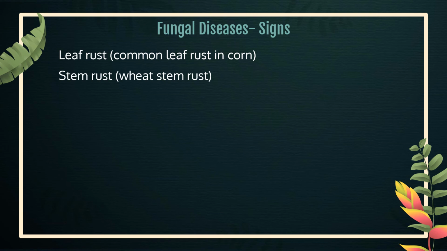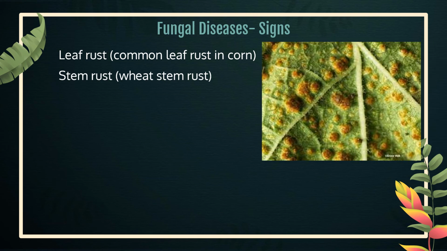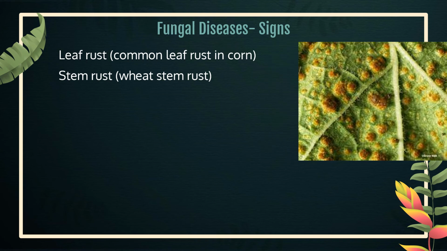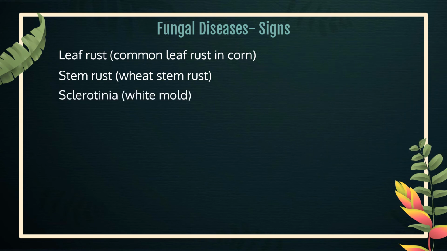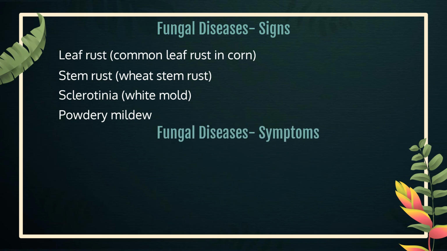As I already told, we have seen the picture of the white mold fungus causing sclerotinia in corn. Another one is powdery mildew, which affects many of our plants, flowers, vegetables, and fruits. Powdery mildew is an easy one to identify.